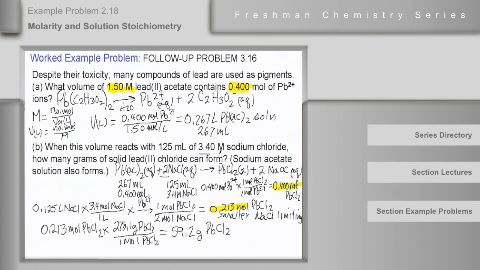You can't answer the question until you determine which of the reactants is limiting, because it does not say that the two amounts that were given are in stoichiometric equivalency.